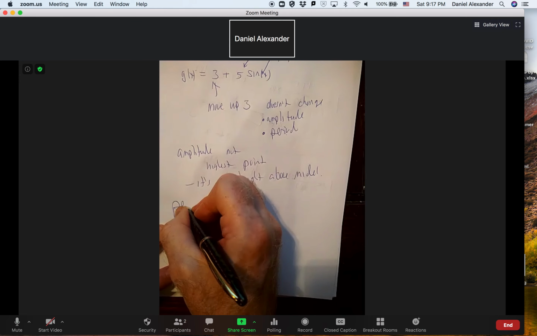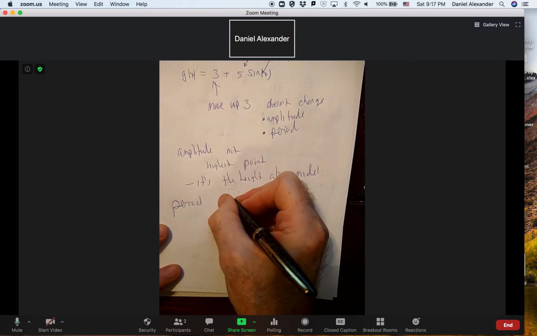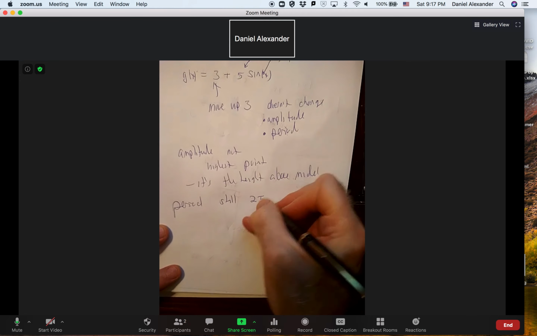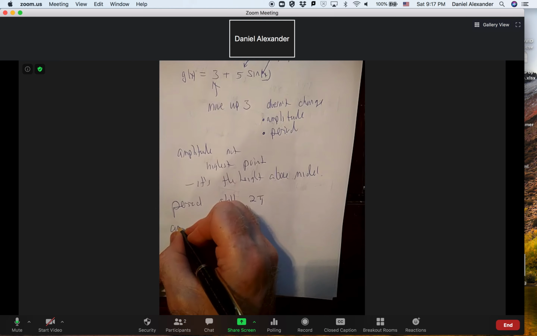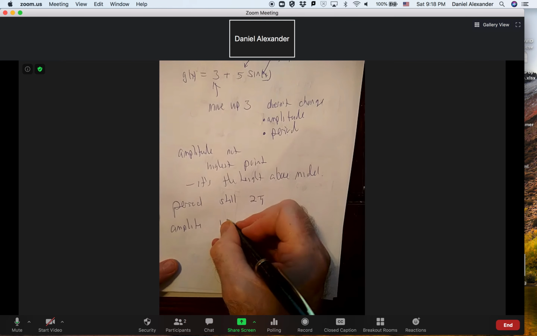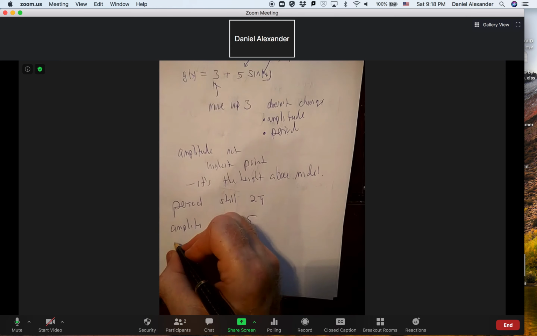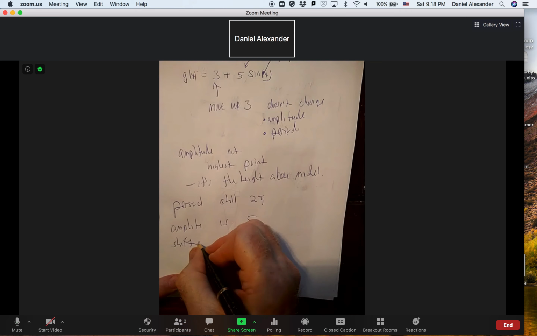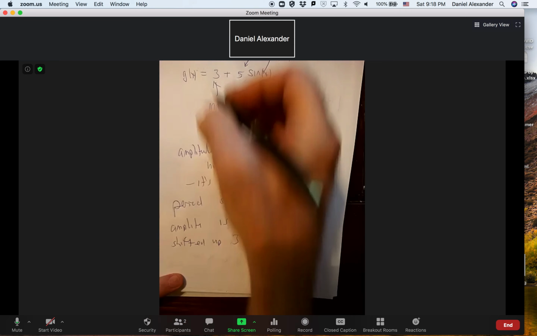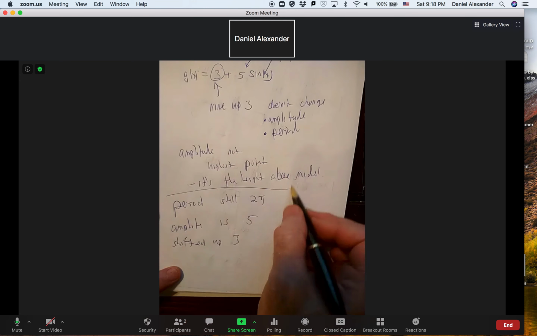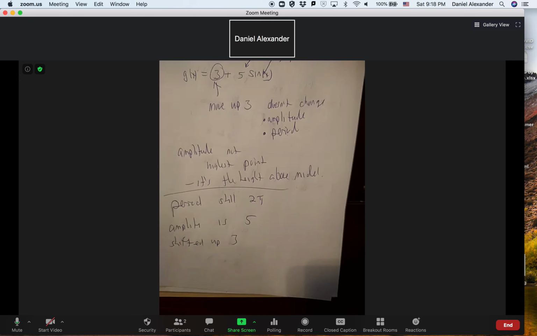So the period is still 2 pi because it's sine of x. The amplitude is 5, and it was shifted up 3, and that does not change the amplitude or the period. It just moves everything up.